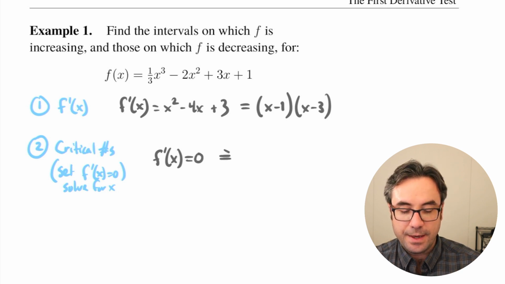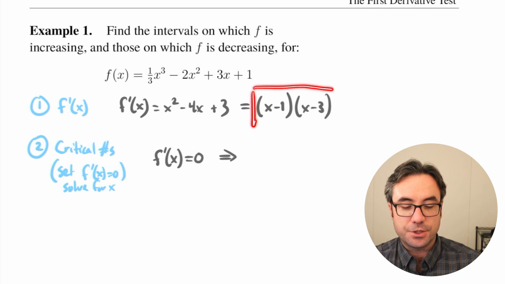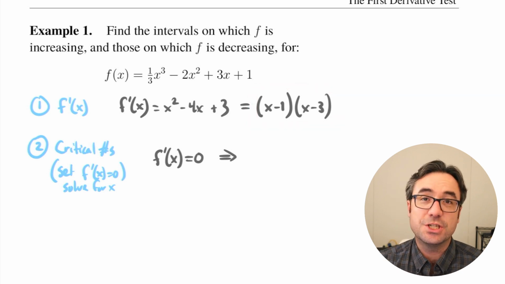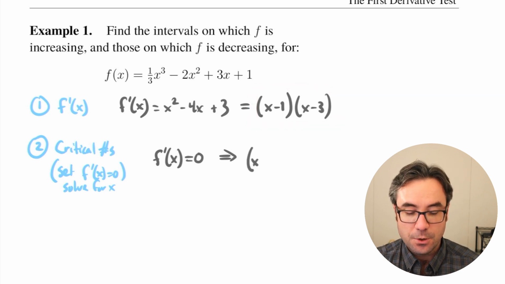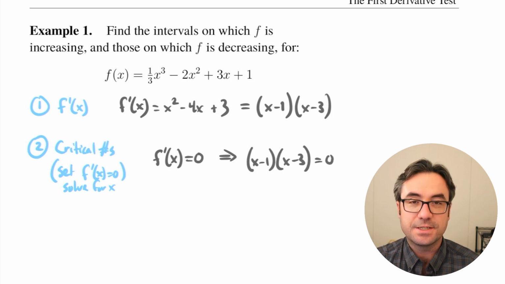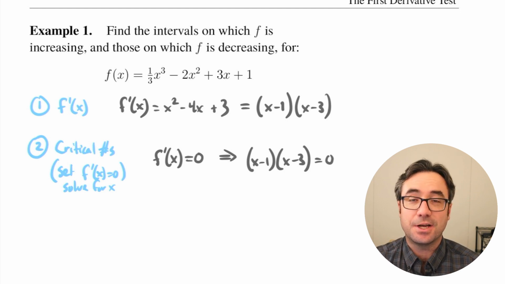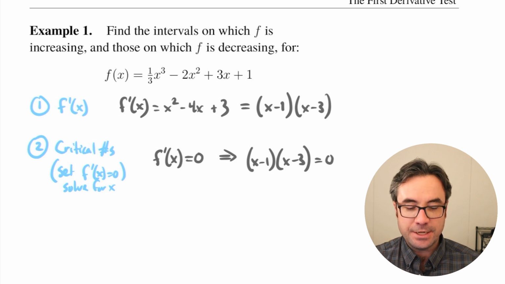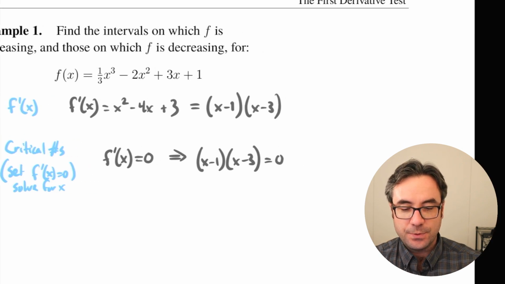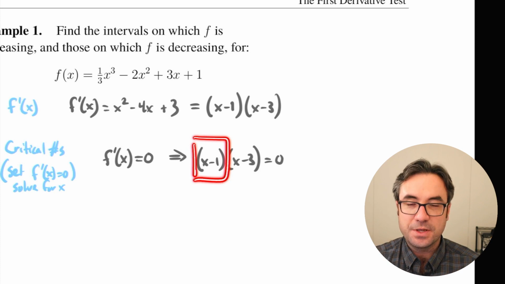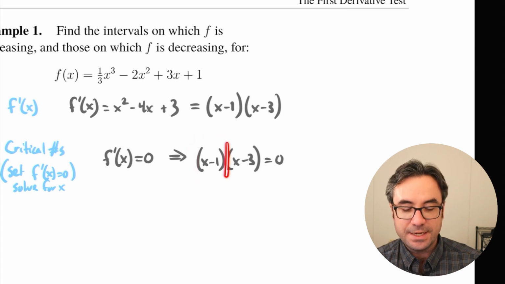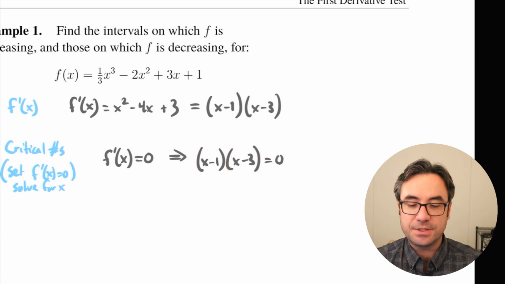And so when we do that, let's use the factored version. So we're going to take this factored version, x minus 1 times x minus 3, and set that equal to 0. Having it all nice and factored makes this really easy to solve for x. And we're going to get 2 values. We can take the first factor, set that equal to 0. We can take the second factor, set that equal to 0.